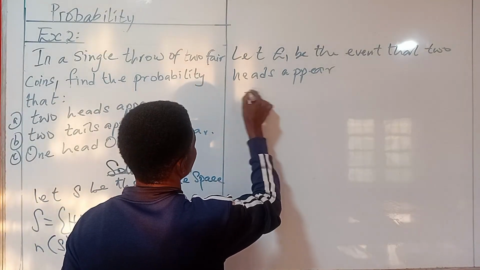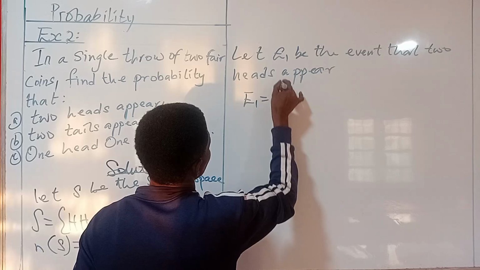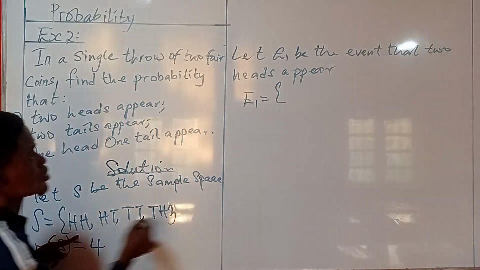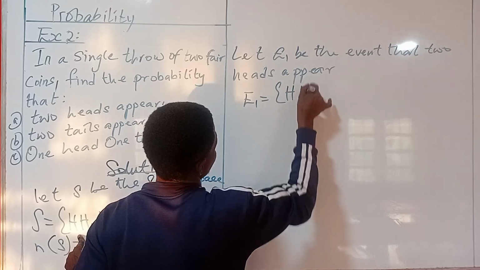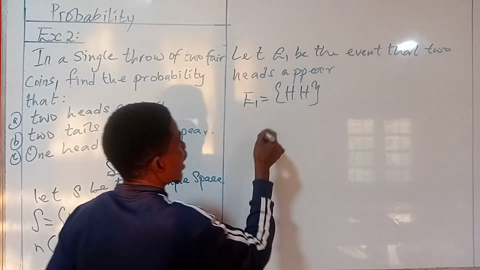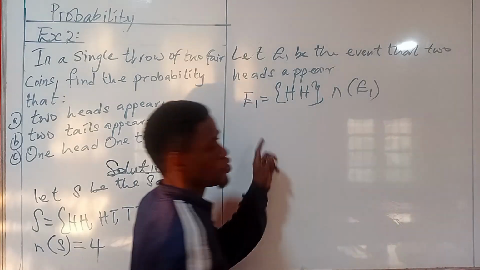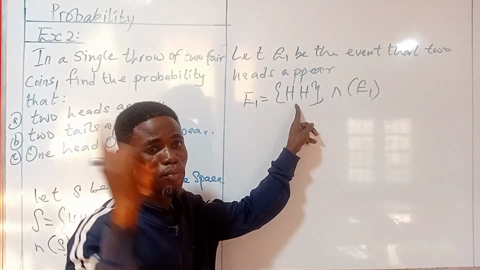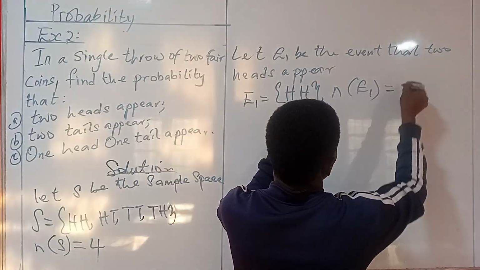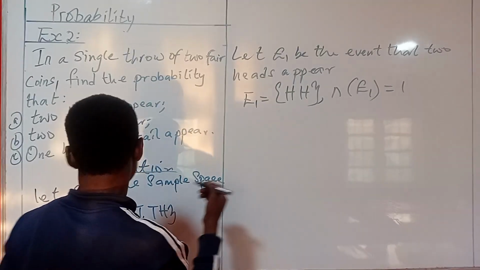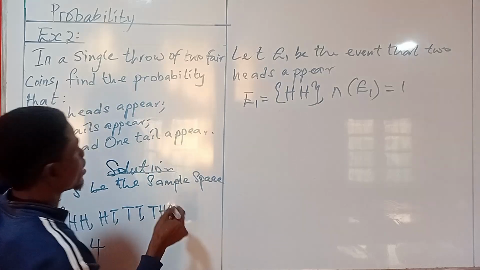So in that case, we are going to have E1 equals, when we have 2 heads, HH. But how many times do 2 heads appear? That's what we want to know now. The 2 heads can only appear 1 time, which is 1.